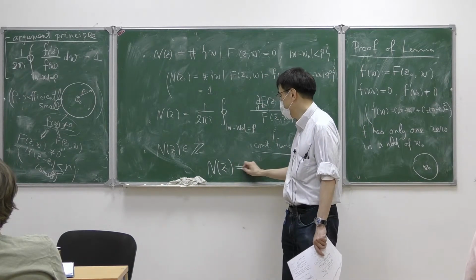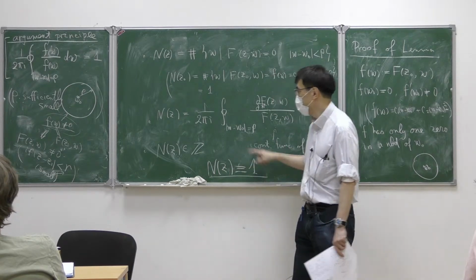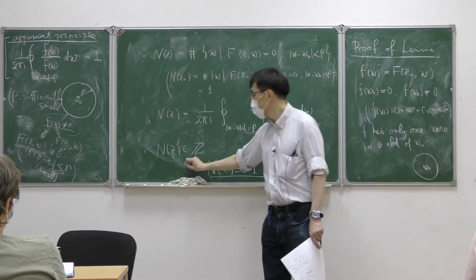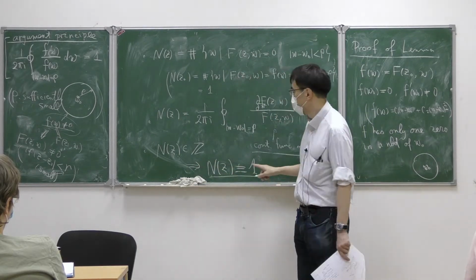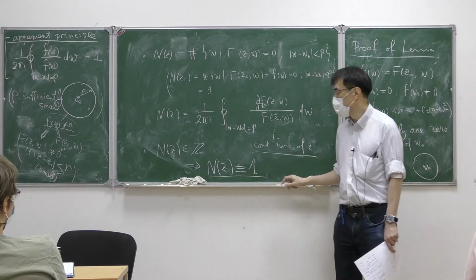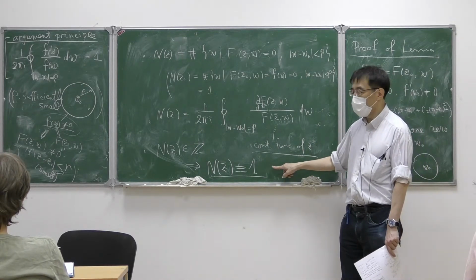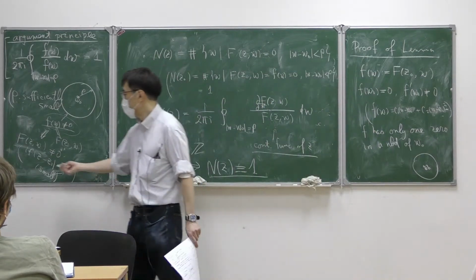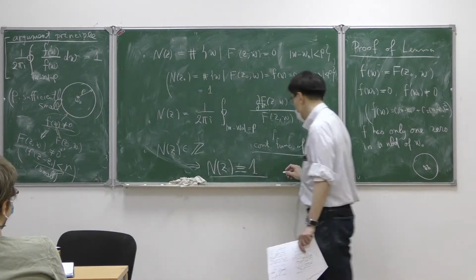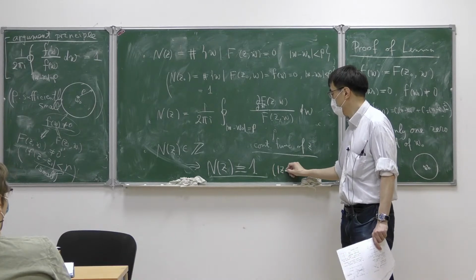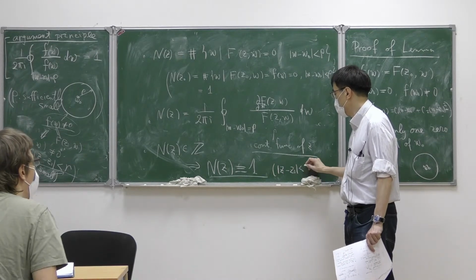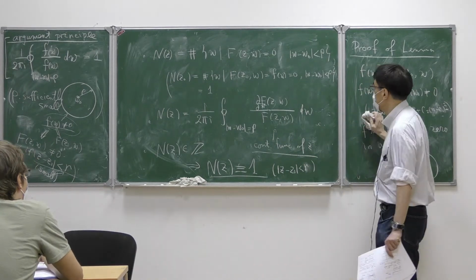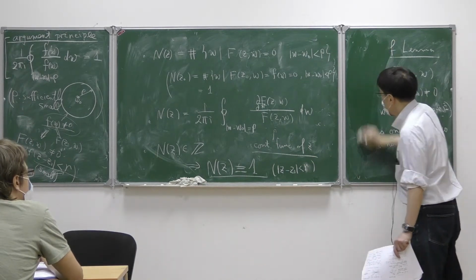Exactly. And since at z0 it's 1, it is always 1 if z satisfies this condition. So what does this mean?